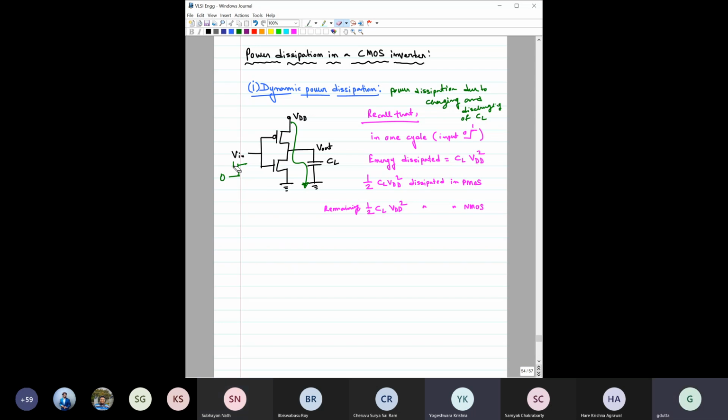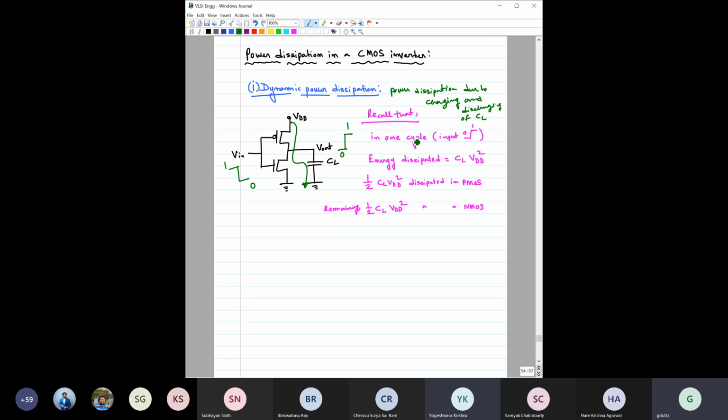Then probably I should make a small change here. So the input is going from 1 to 0, and as a result the output is changing from 0 to 1. So the output capacitor is basically charging.